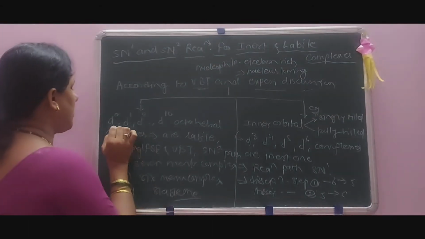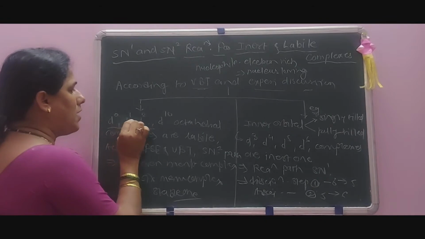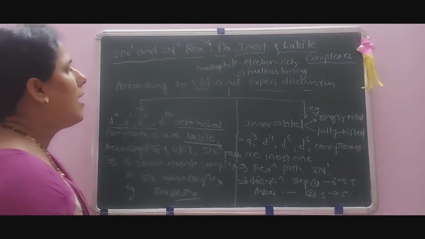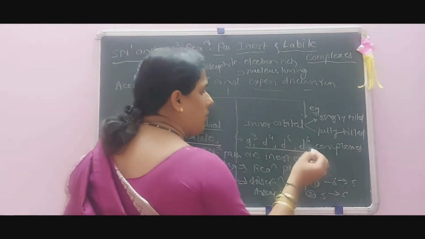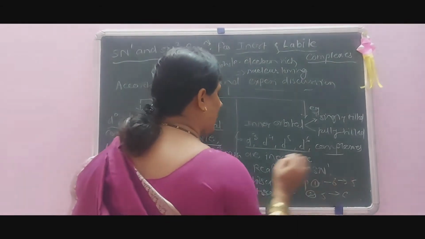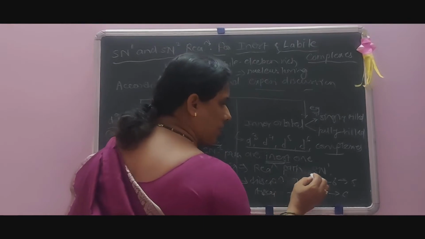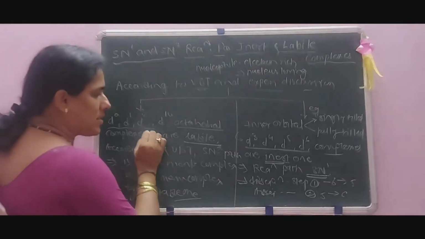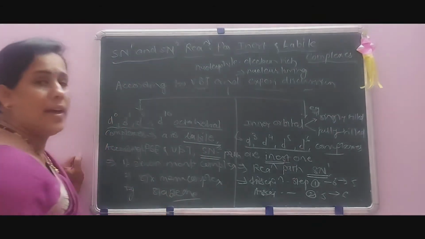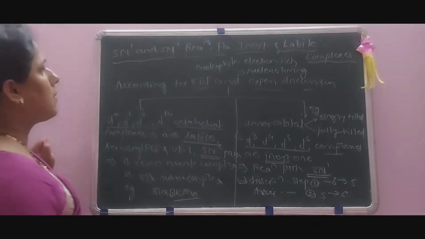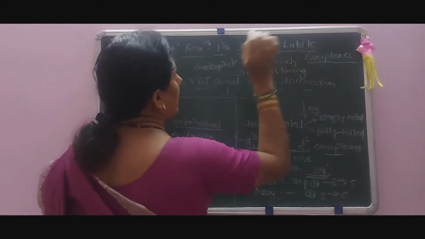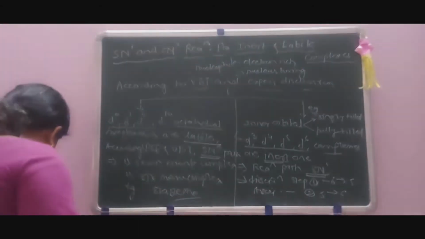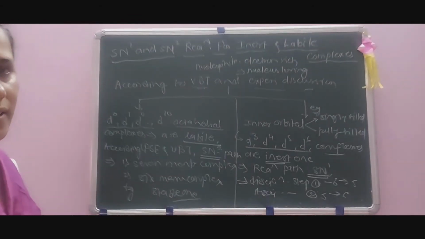Now we have to consider that the D0, 1, 2 and 10 octahedral complexes are the labile ones, and the D3, D4, D5, D6 complexes are the inert ones. They follow the path SN1, and these complexes follow the path SN2. For this purpose, we must know what is meant by inert and labile complexes, thermodynamically and kinetically.